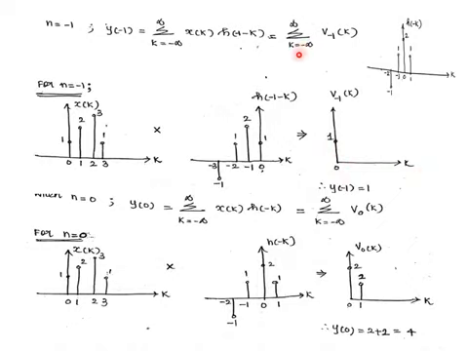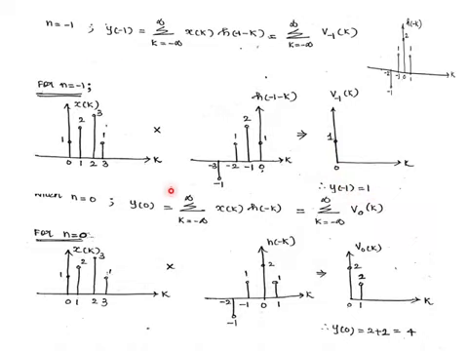And as per the formula, in the last step, after finding this product, we have to sum up all the values of this product. Now, since we have only one sample, which is 1, we can say that y of minus 1 value is 1. We don't have any other sample in this product term to add with this 1. So, y of minus 1 value is 1.